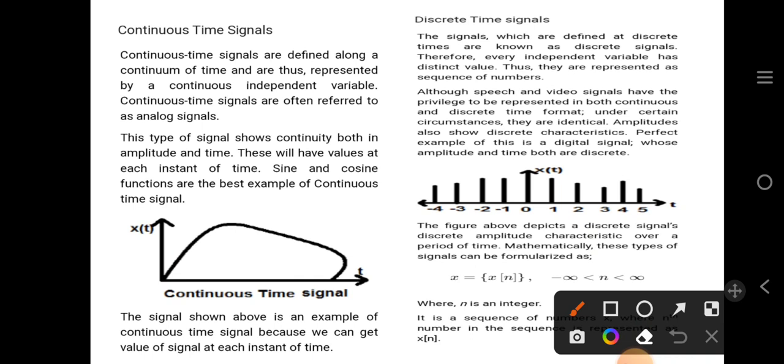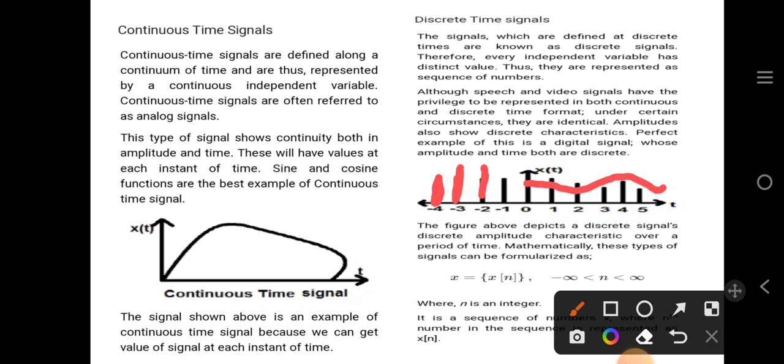It is sampled at different times. As you can see from this figure, there is a signal at this particular time, at this particular time, and the values are different. That's why this is a discrete time signal, because the values are discrete, not continuous.